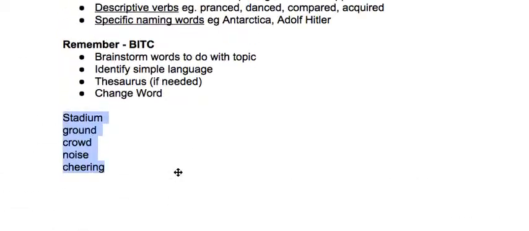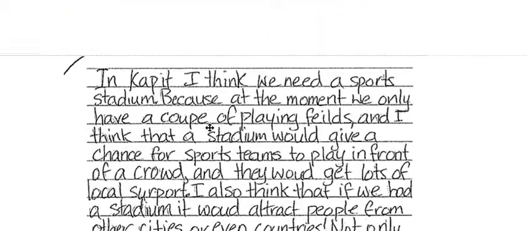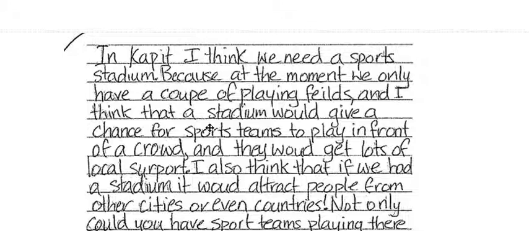So now my next step is to identify simple language. So this sentence here: I think that a sports stadium would give a chance for sports teams to play in front of a crowd. Now I want to add a descriptive word in here to add meaning to this.